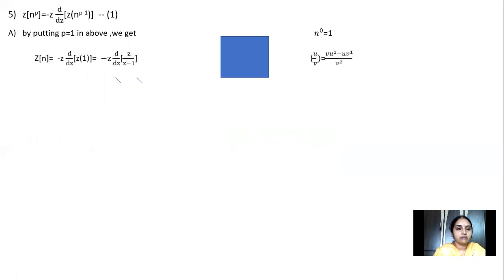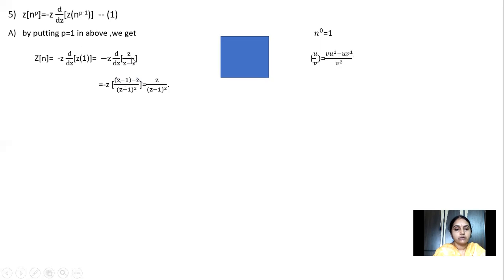Next one, Z of n power p equal to minus z into d by dz of Z of n power p minus 1. By putting p equal to 1 in the above, we get Z of n is equal to minus z into d by dz of Z of 1, the same formula we have taken. Put p equal to 1: 1 minus 1 is 0, n power 0 is 1. Minus z into d by dz of, what is Z of 1? z by z minus 1. You differentiate this z by z minus 1 using the u by v formula: (v u dash minus u v dash) by v square.